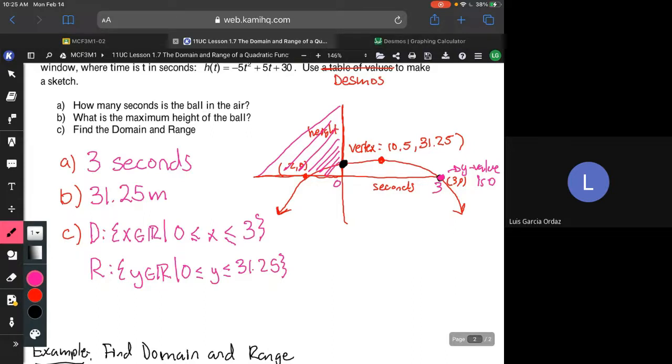Normally, what would we generally write the range as in this case without the restrictions? Other way. Less than. Yep. So this is because of our restrictions with time.